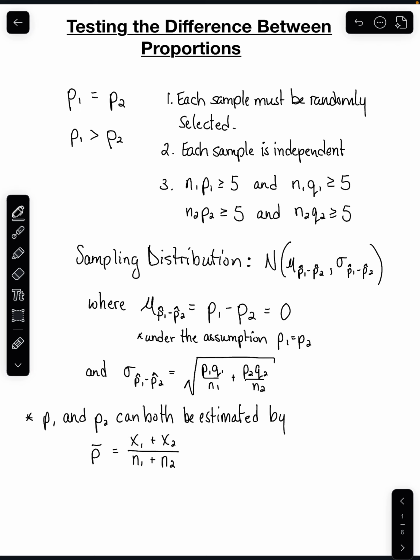In this way, our value for sigma can be rewritten as p bar times q bar over n sub 1 plus p bar times q bar over n sub 2. And since they both have the same numerator now, that numerator can be factored out.